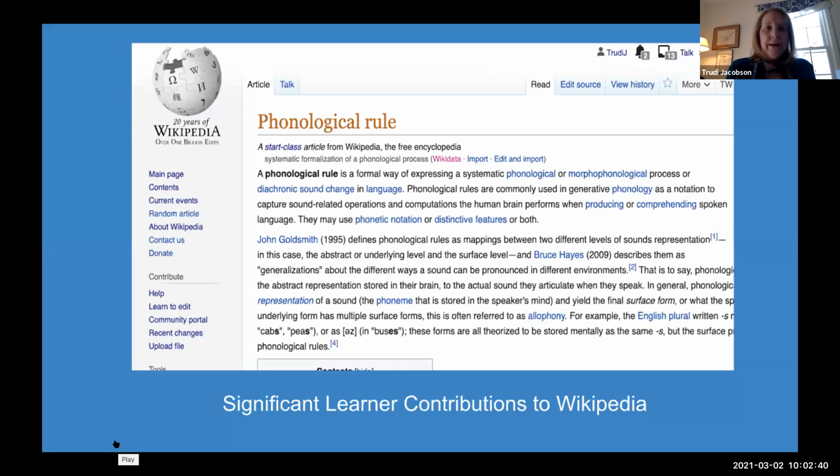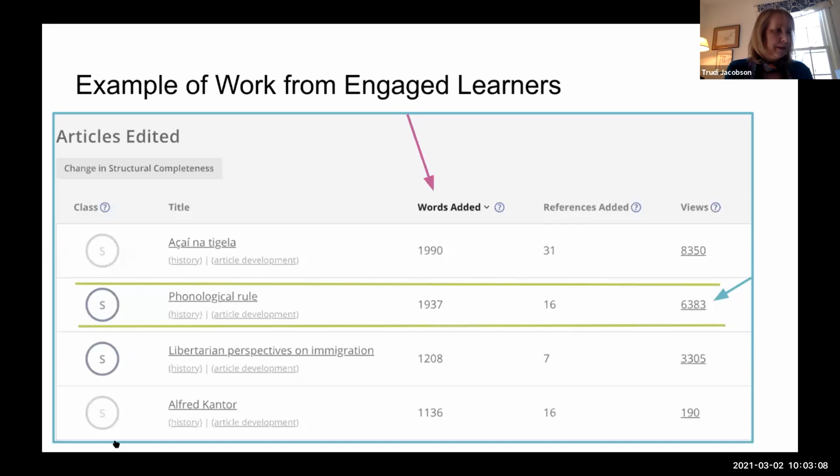So what we have here is a page from Wikipedia, and you may wonder why this is up. But in the information literacy course that I teach, the students actually add content to Wikipedia, and they do so in a very short time frame, and Julian will be talking more about that a bit later. But just as an example of student engagement, what you can see here is a dashboard from a program that I'm using that I'll speak a little bit more about later.